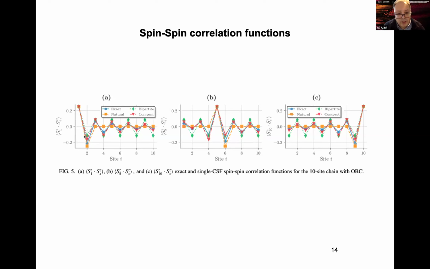And you can see that the naturally ordered CSFs lead to a very rapidly decaying spin-spin correlation, so that essentially you have nothing left beyond the second site. Whereas this compact ordering actually enables us to really mimic very closely, for quite some distance, the exact spin-spin correlation.